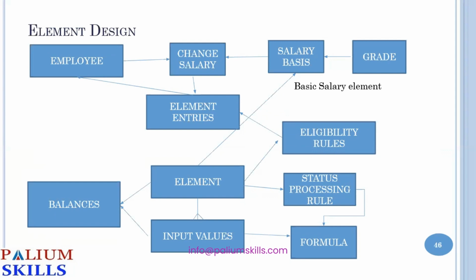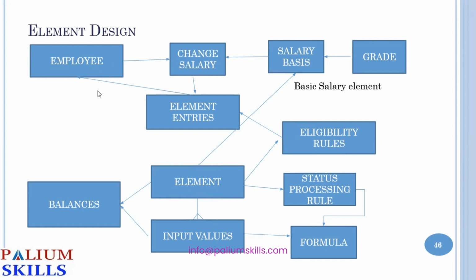So this is the overall element design. We'll come back to this a little later because we have different things which we haven't talked about. For now, this is what we have talked about: element, input values, eligibility rule is linked with element that will be deriving based on the employee's employment.